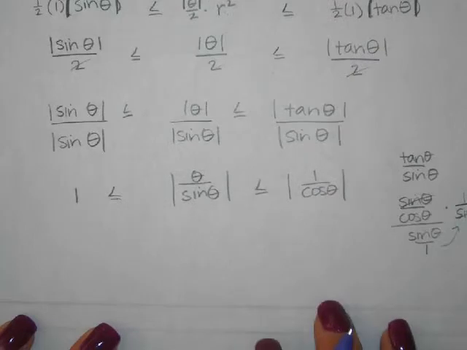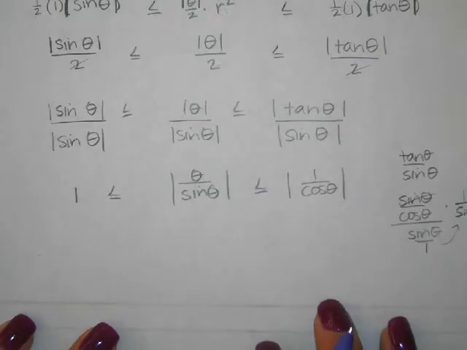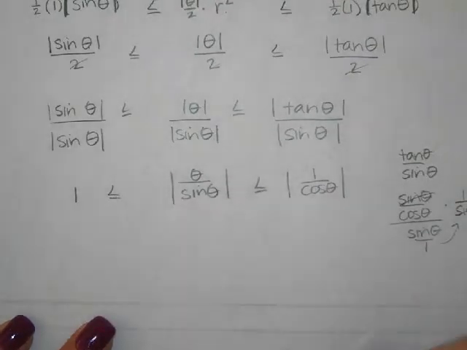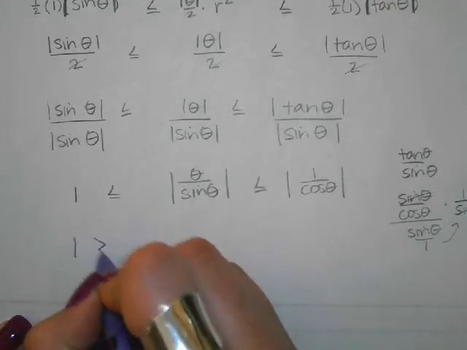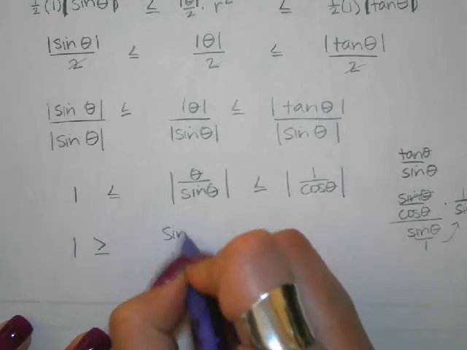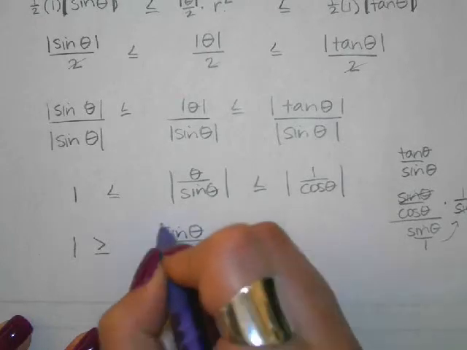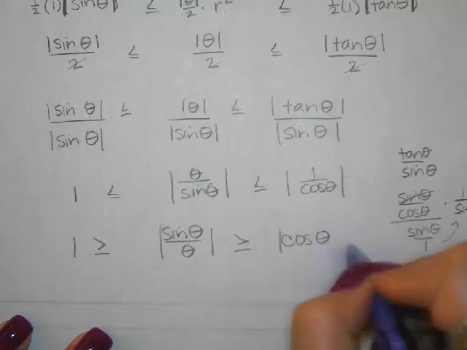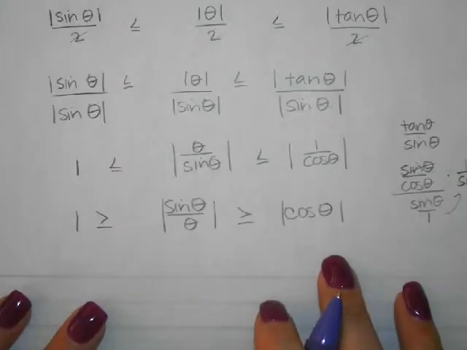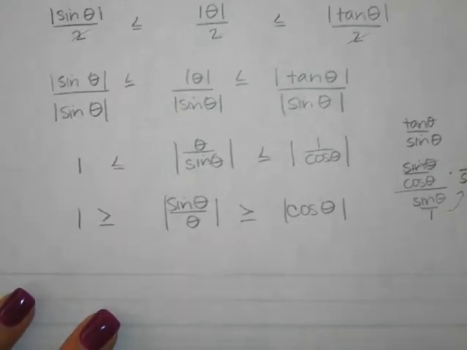All right, and then at this point, what should we do? Flip everything. What happens when we flip everything? We change the signs. So we're going to say 1 is greater than or equal to sine theta over theta is greater than or equal to cos theta. Okay. So we got what we wanted in the middle.